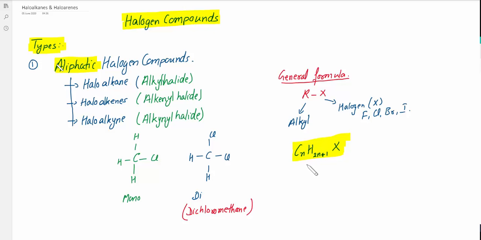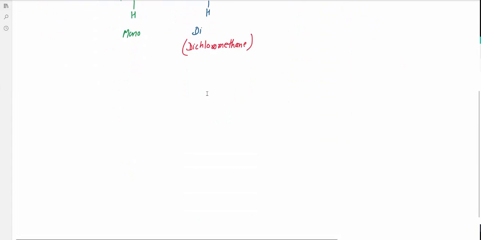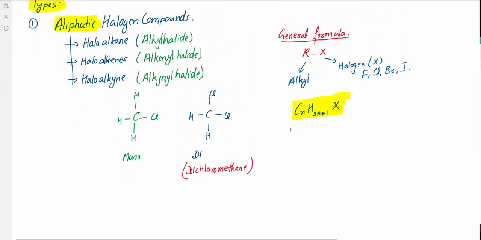Now alkyl halides again can be further classified into 1 degree, 2 degree and 3 degree accordingly as the halogen atom is attached to a primary, secondary and tertiary carbon atom. Right. Right now we are doing the alkyl halide part, that is haloalkanes.